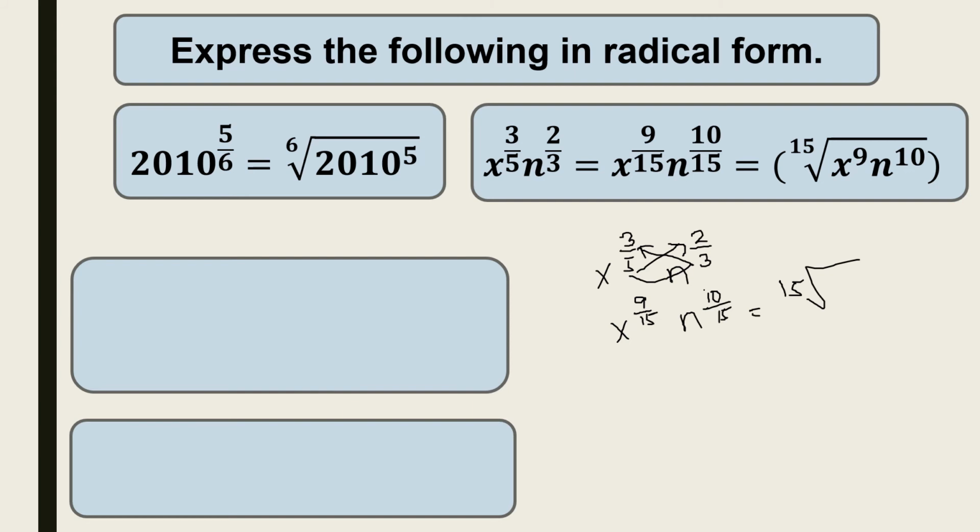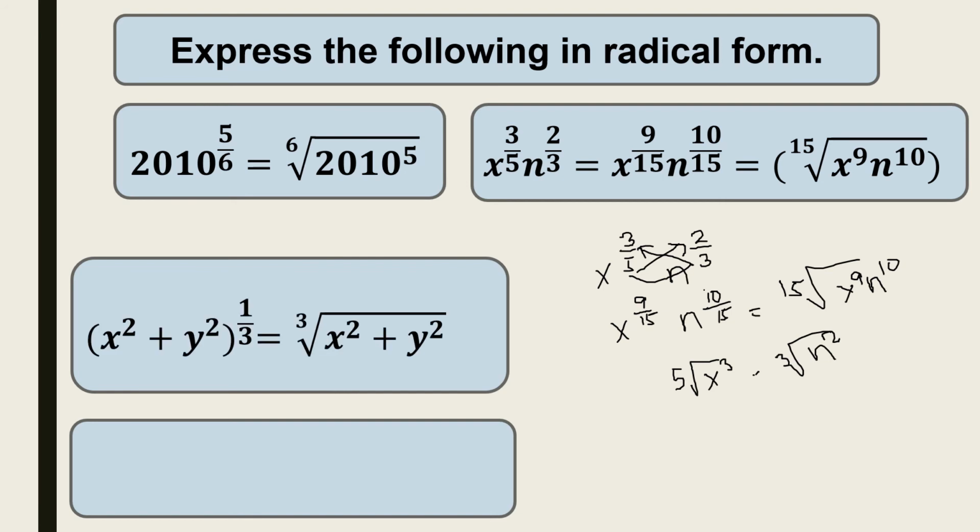Again, take note, don't ever write it this way, for example like this. That is not correct. The exchange is right but the final answer is wrong. If I were you, once you get to that, just change it right away.